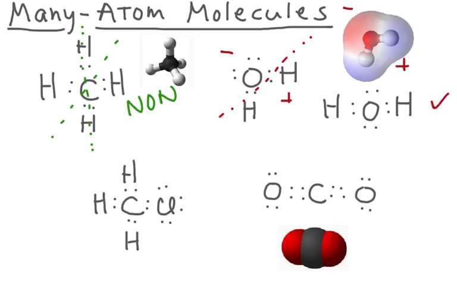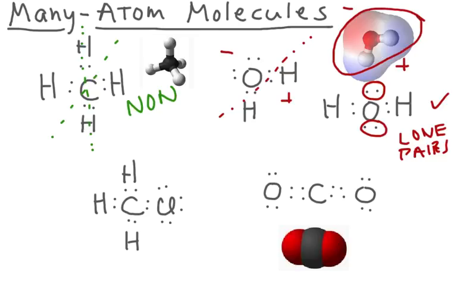So the other thing to watch for are these oxygens have lone pairs. If you see lone pairs, that usually means the molecule is really going to be bent, and that'll make the molecule polar. So even though maybe we're going to write the molecule in a straight line, we know that it really is a bent sort of molecule like we see in our picture, and that's going to be polar.